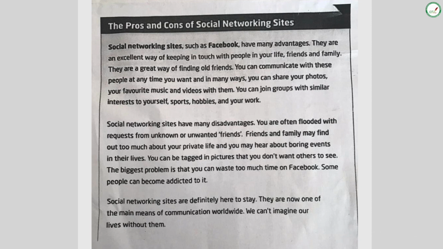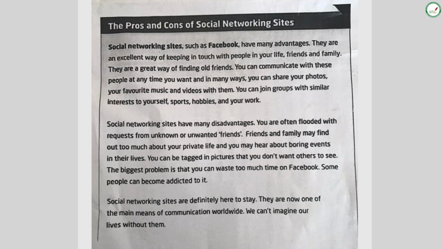Pros and cons is advantages or disadvantages. So individual reading first, after pair work. Is it okay? What are you going to do? Yes, you read individually, after you work in pairs. That's good. So you have 10 minutes. Okay, now that's good. We can stop. Stop, please.